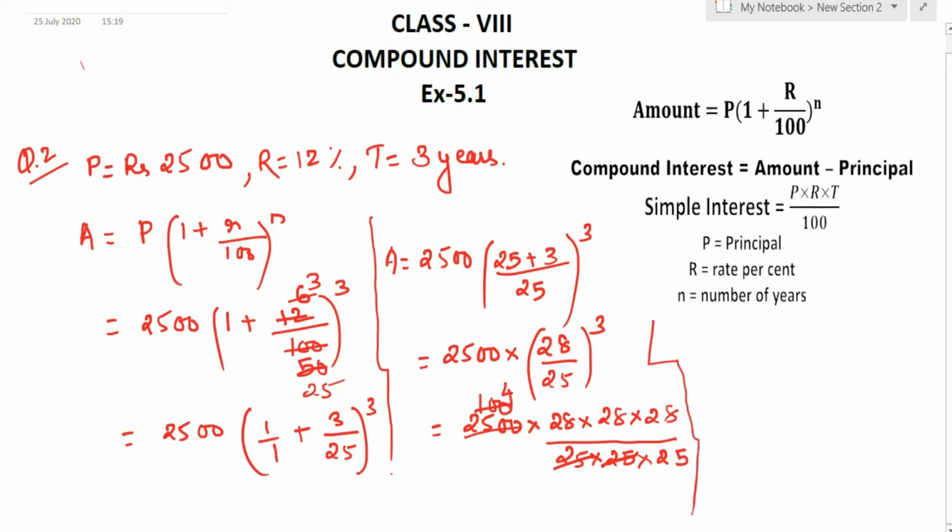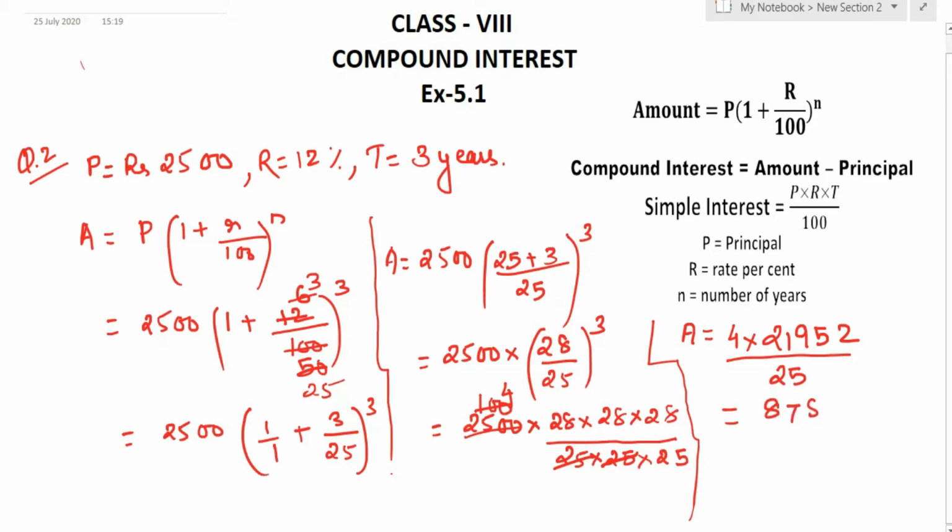So the remaining calculation is amount equals 4 into the cube of 28. Now the cube of 28 you can see from the table at the back of your book. It is given as 21,952, divided by the remaining term, 25. Now let us multiply by 4. How much is it?